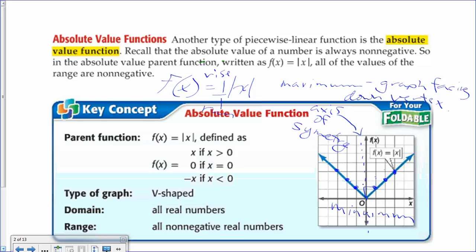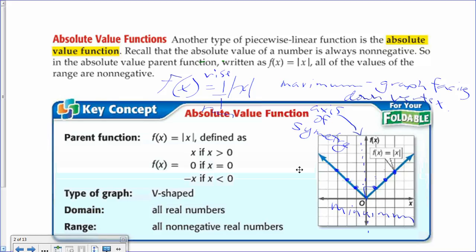So, if I were to graph an absolute value, what could I use? Could I use a whole bunch of points in a table? Watch this. What table do we use to graph? You guys have been familiar with what?